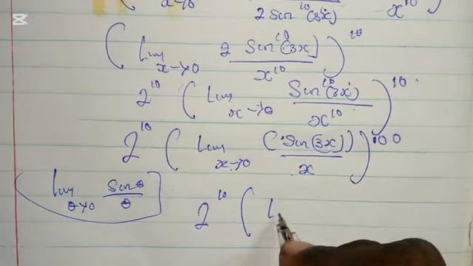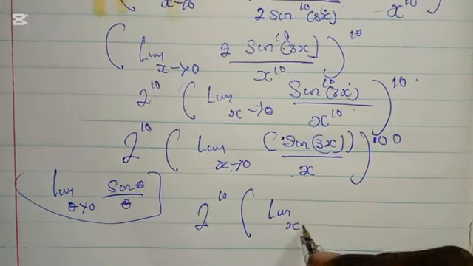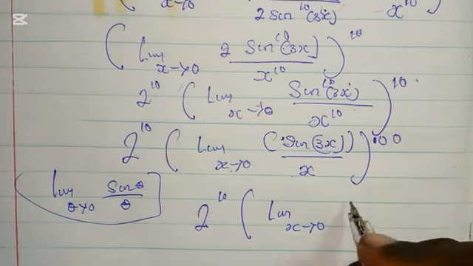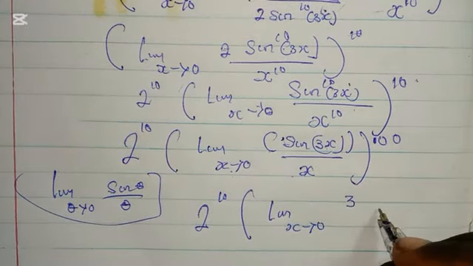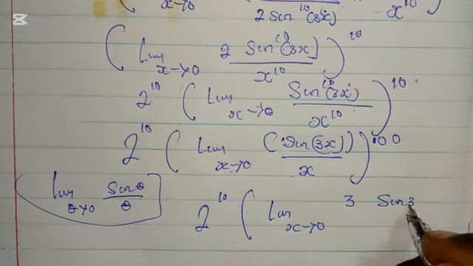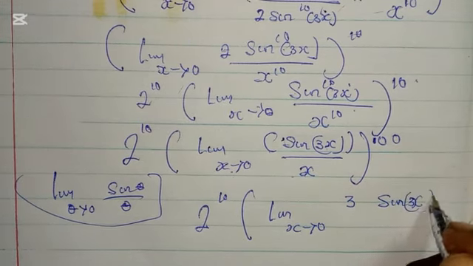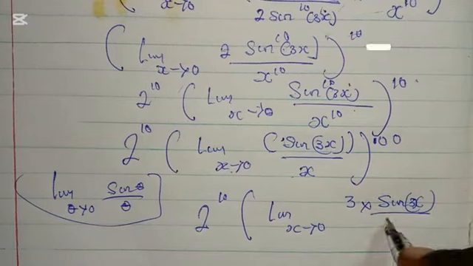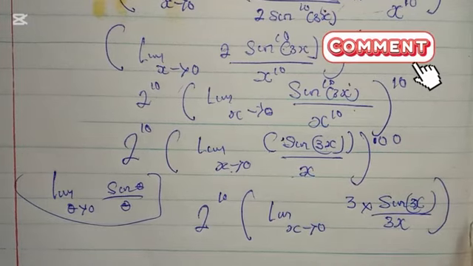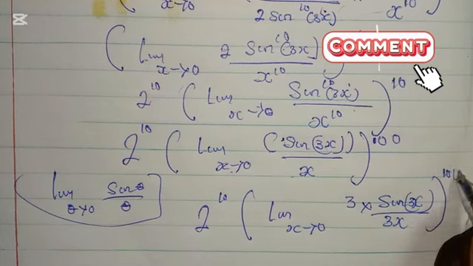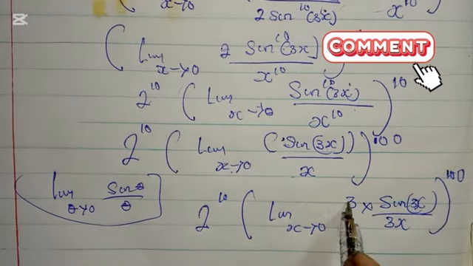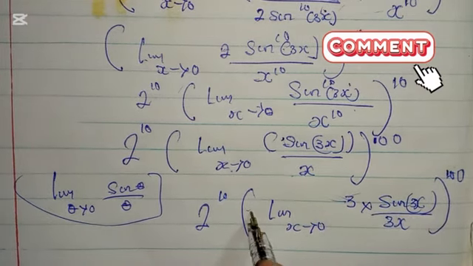So we have limit x tends to 0, whereby we have 3 multiplied by sine 3x in brackets divided by 3x. Don't forget everything here is raised to the power of 100. So now bring this 3 here.